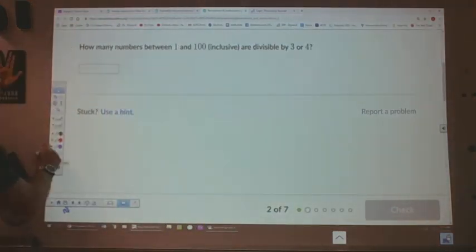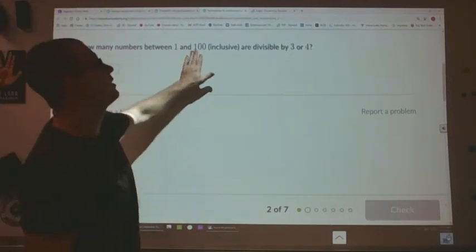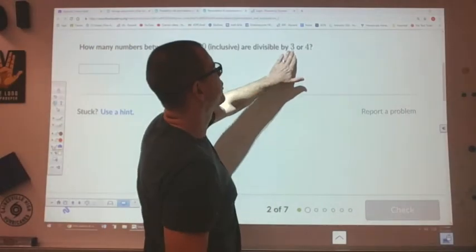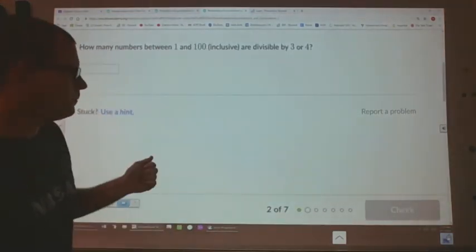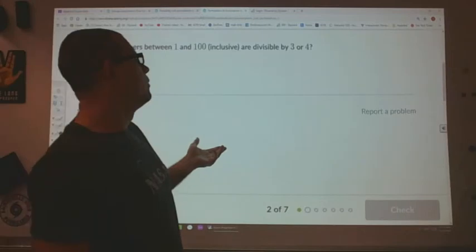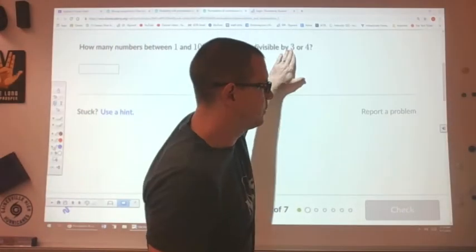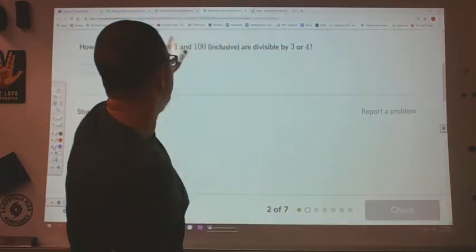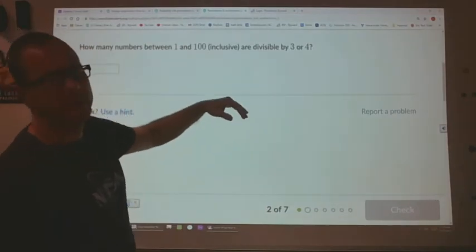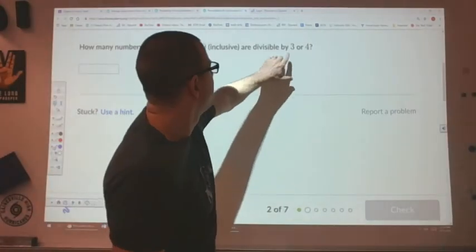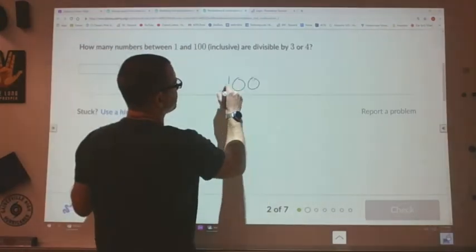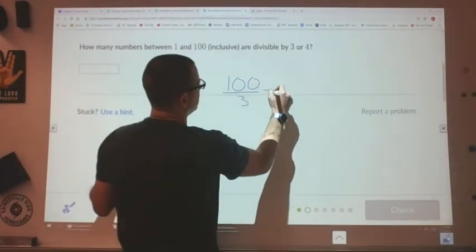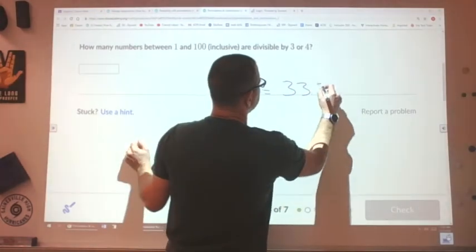They get worse. How many numbers between 1 and 100 are divisible by 3 or 4? So we can figure this out since we're just counting 1, 2, 3, 4, 5, 6, 7, 8, 9, 10, etc. by division. 3 goes into 100 33.33 times.